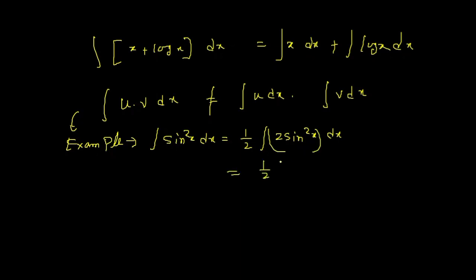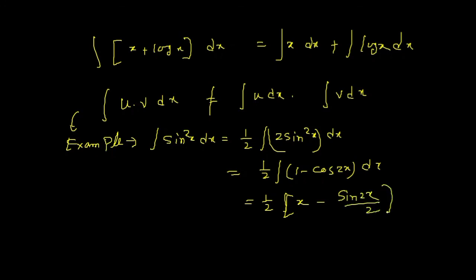That will become half of the integration of 1 minus cos 2x dx. The integration of 1 is x and the integration of cos 2x is sin 2x by 2, plus c. So the integration of sin square x dx is half into x minus sin 2x by 2.